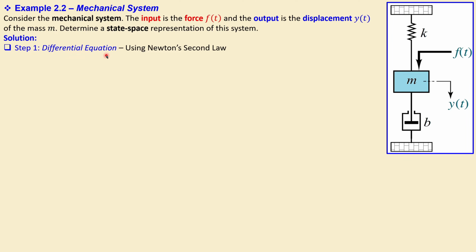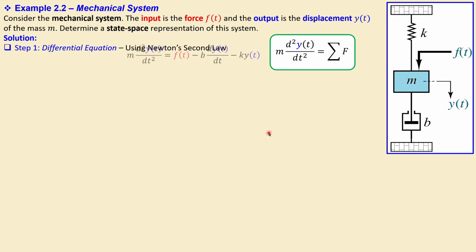In this case, we can set up the differential equation using Newton's second law, so the mass times the second derivative of that position, or that displacement, is equal to the sum of the forces in a vectorial form. Now we have done this many times, so I will just give you the result, but you can also see what's happening. The mass times the second derivative of that position, displacement, is equal to the force, because that's also in the same direction, but the damper will, let's say, fight back, and also the spring will fight back.